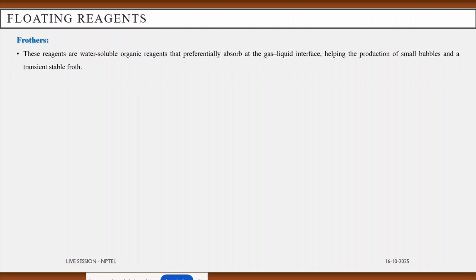So frothers are water soluble organic reagents that preferentially adsorb onto the gas liquid interface, helping the production of small bubbles and a transient stable froth.